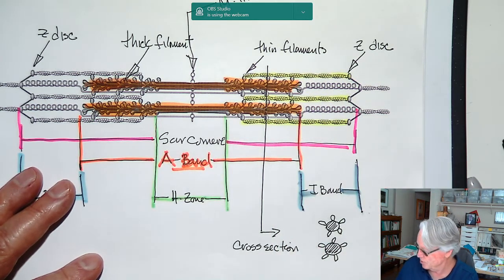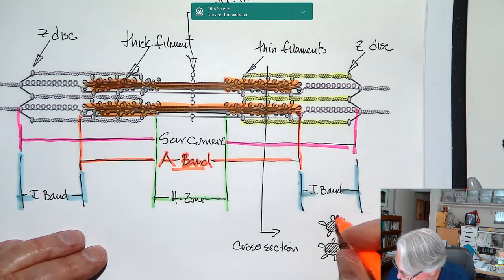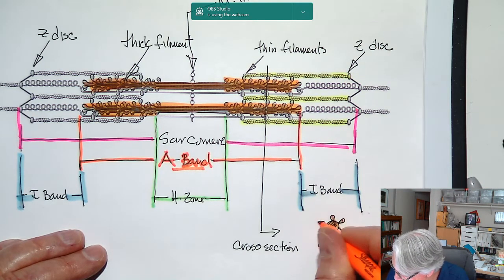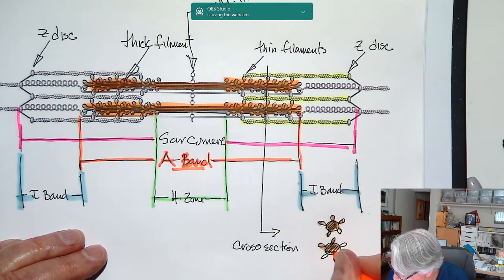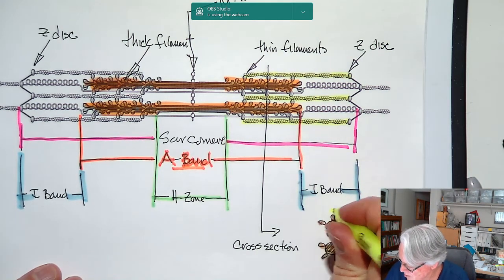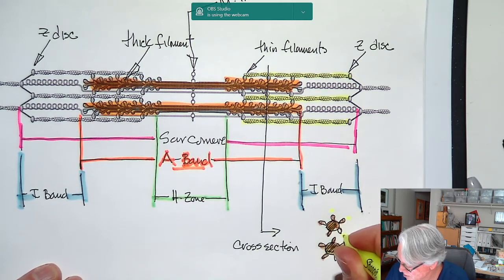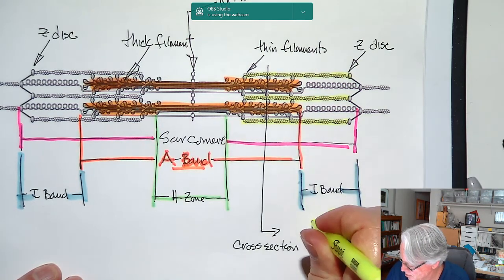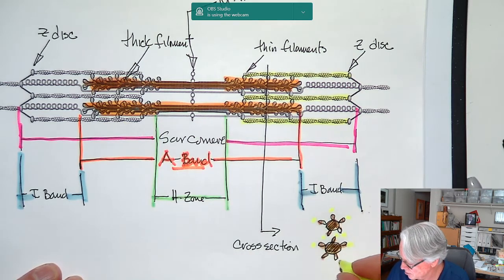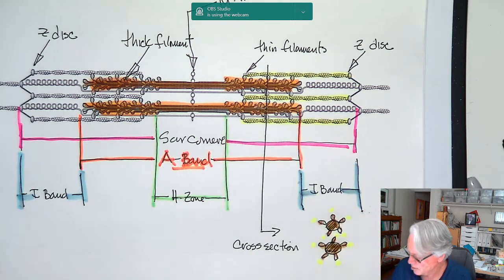So first of all, let's use the same color to identify these structures. Okay. And now I'm going to do here, here, here, here, here, here, here, here, here, here.